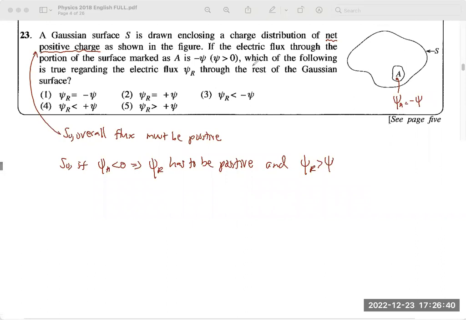Fifth one is definitely the most appropriate answer, because through A we have a negative electric flux, but throughout the entire area we have a positive electric flux. That means the rest of the area should give us a positive flux.